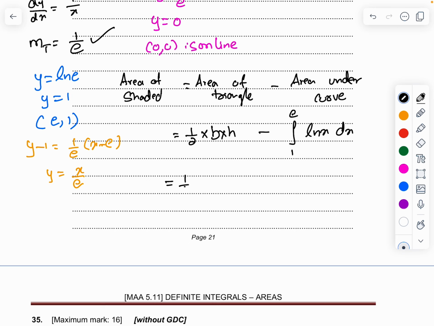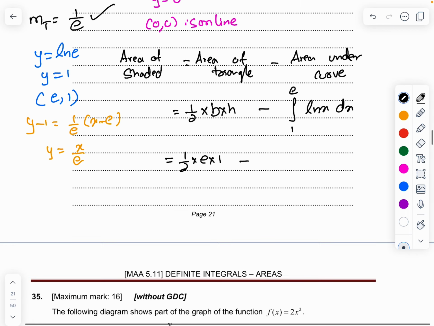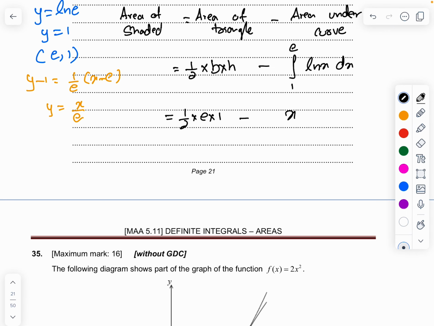So half times base e, height 1, minus, now the integral of ln x is nothing but what we know, since the derivative of this is ln x. So the integral of ln x is x ln x minus x from the limits 1 to e.